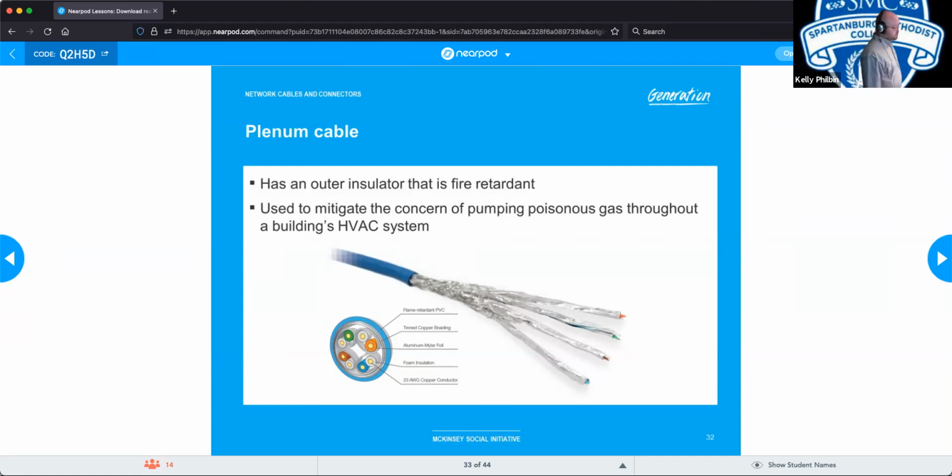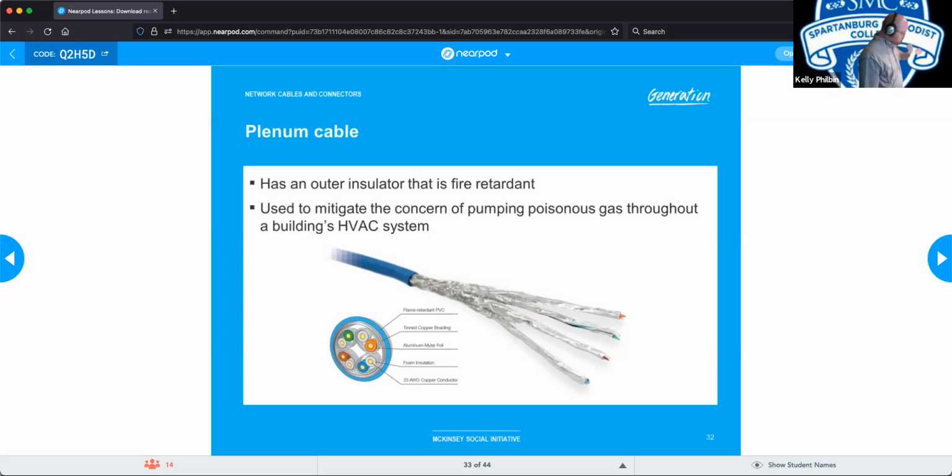So in drop ceilings and when they run cables through HVAC systems, because they will do that to save time, they will use a plenum cable itself. So if it does happen to catch fire, it is one, fire retardant, so it takes a very high temperature to set it on fire. Two, if it does burn, it doesn't send a noxious gas throughout the entire system itself.